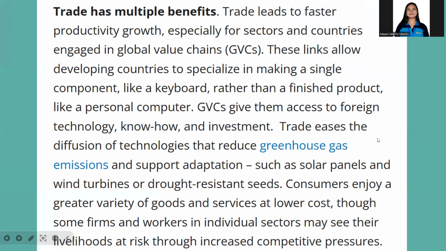Trade has multiple benefits, and it includes productivity growth, especially with sectors that are involved in global value chains. And if you recall in our intro econ class, the comparative advantage: once country A has a comparative advantage in producing product X, that country should focus on producing that product.